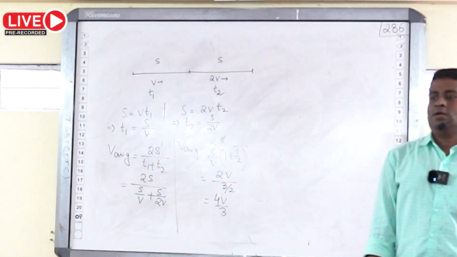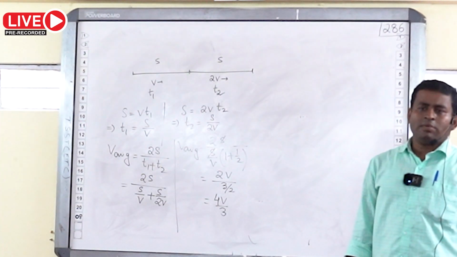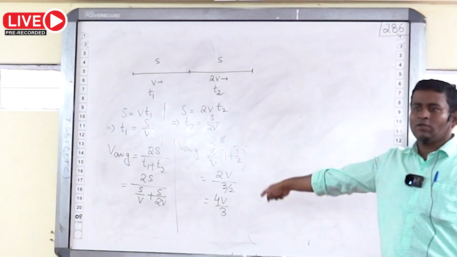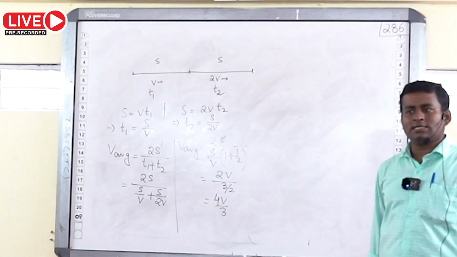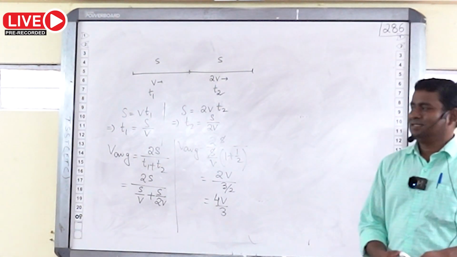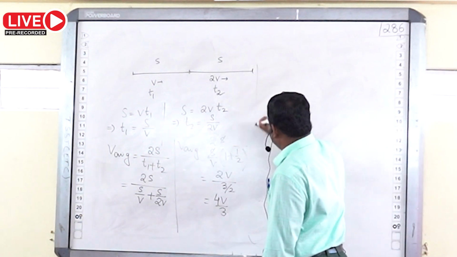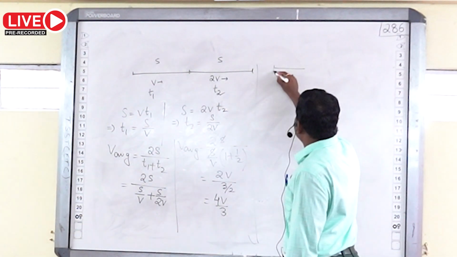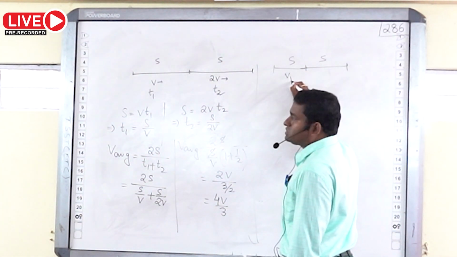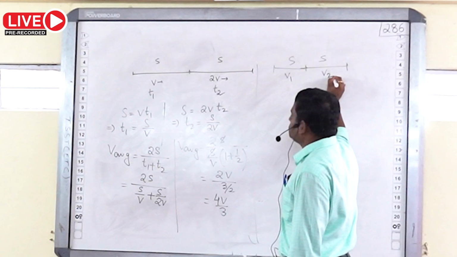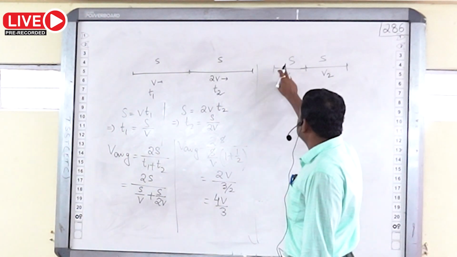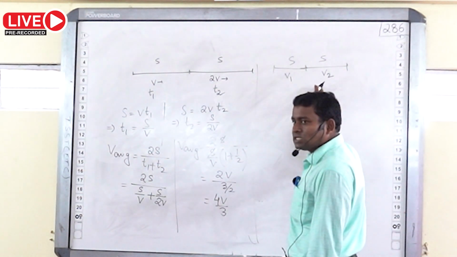Now, if this type of problem comes, what we will do? Should we solve the entire method and find the answer? No. See, if two distances are equal, this is S, this is S. Suppose here velocity is V1, here velocity is V2. Time obviously different because distances are equal but velocities are different.